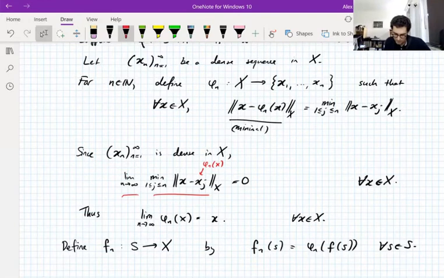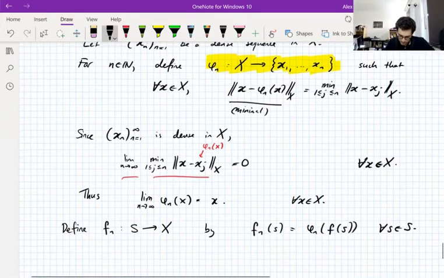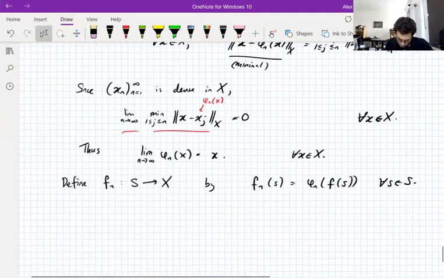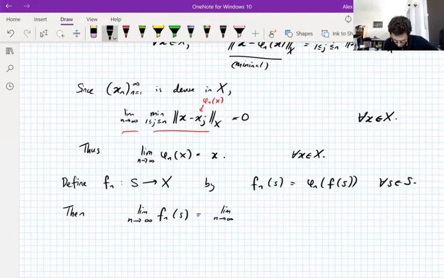Remember that phi n is mapping into the first n elements of the sequence. So this is like a version of f which only has values in these first n elements. So it's simple. To see that these functions fn actually approximate f pointwise, we write the definition.